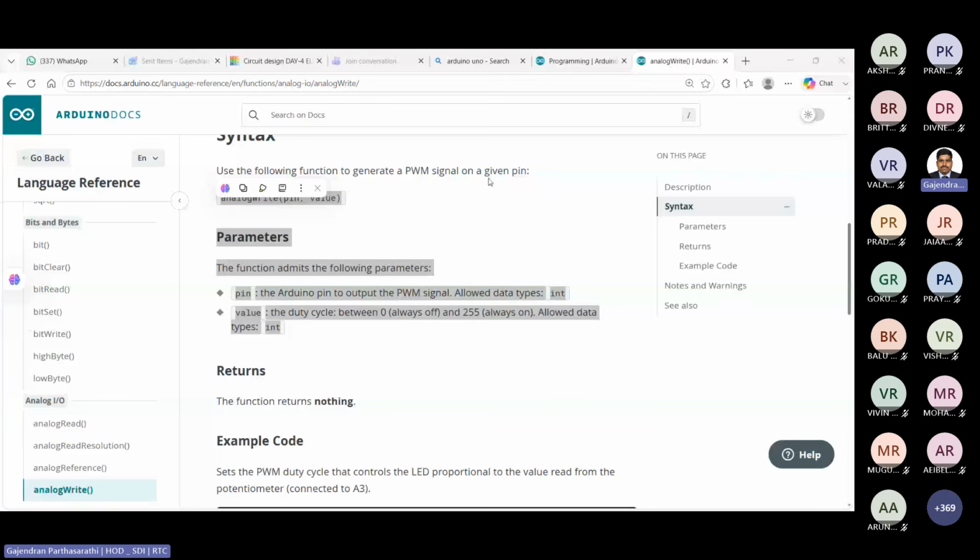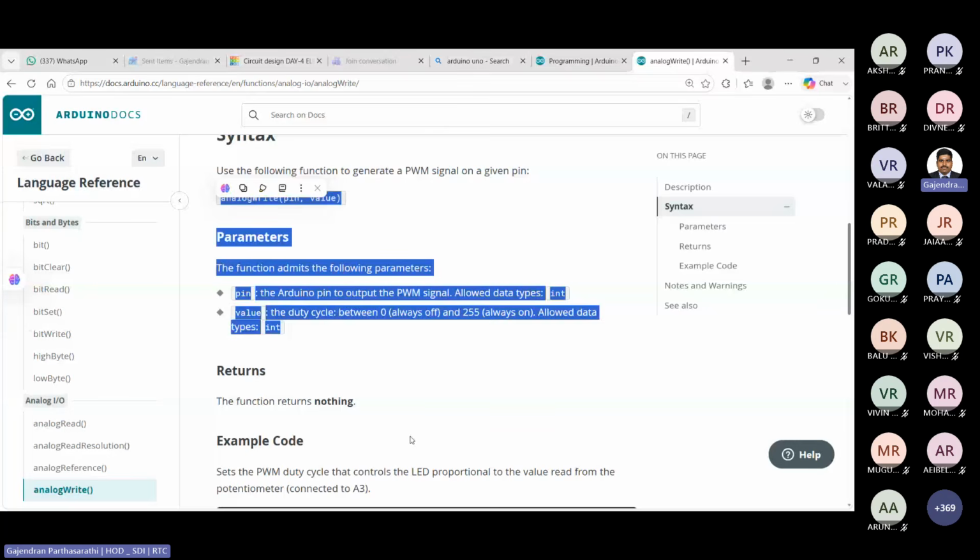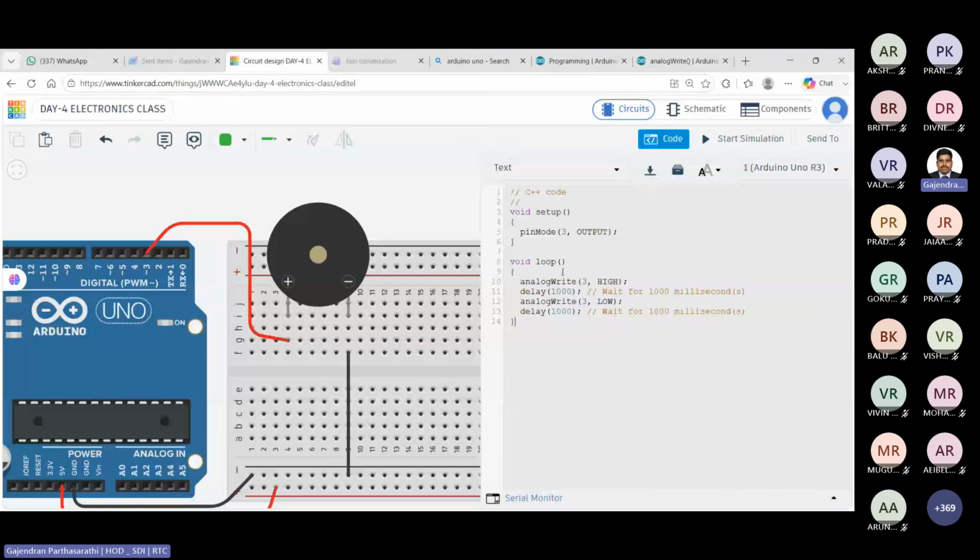Okay, now come to your Tinkercad window. Tell me what I need to do here. If I want to turn the buzzer off, what value do I need to pass here? Buzzer is initially off, sir. What value will you pass? Please tell me. Buzzer off means 0.